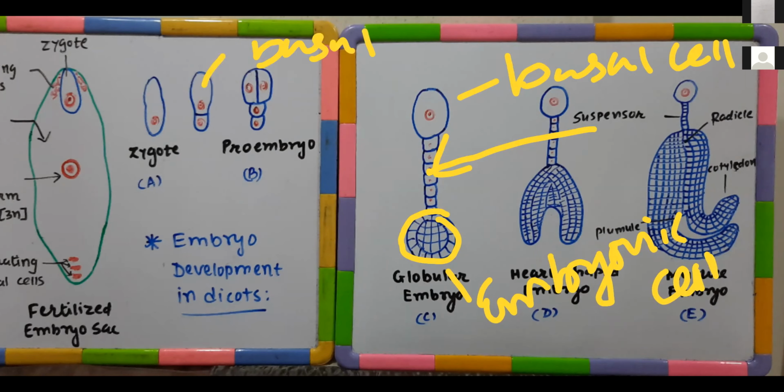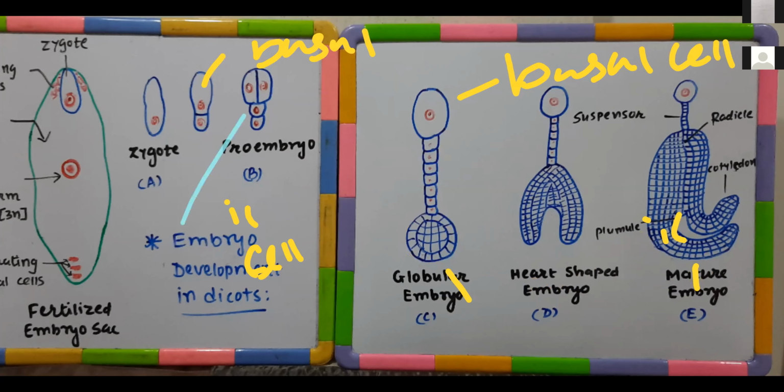This is an apical cell. Basal cell doesn't divide further. It remains as it is at one stage. And then the apical cell will transform into an embryo over there. So all those things will take place, but you don't need to remember these things.